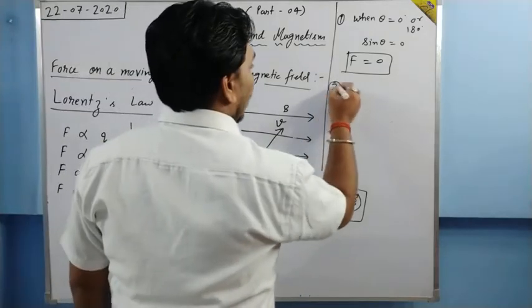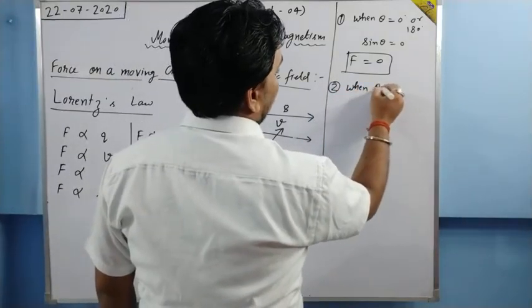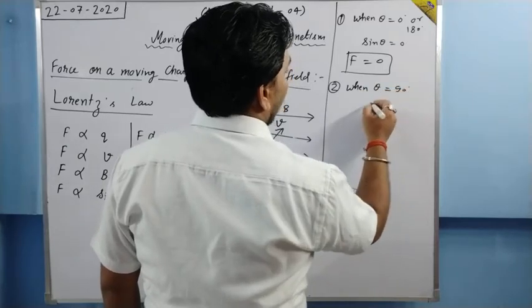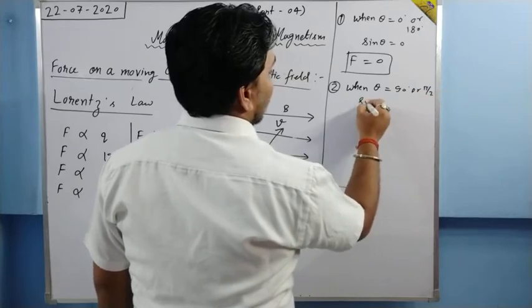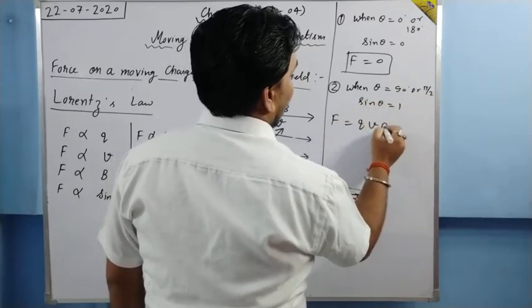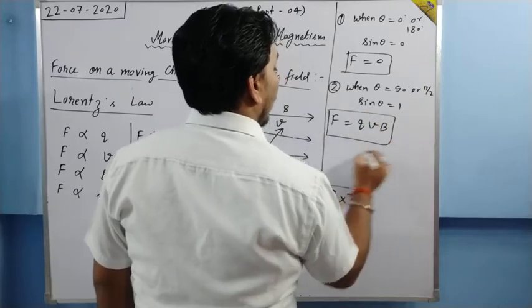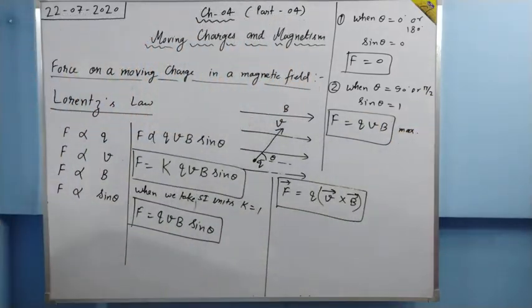And the second thing, when theta is equal to 90 degree, or pi by 2. In that case, sin theta will be 1. So in that case, F is equal to QVB, which is the maximum value of the force acting on the charge.